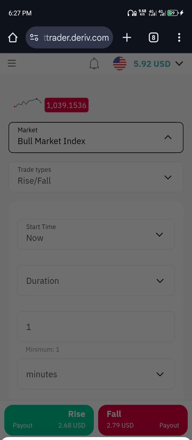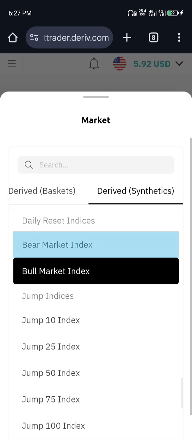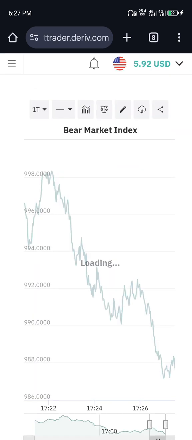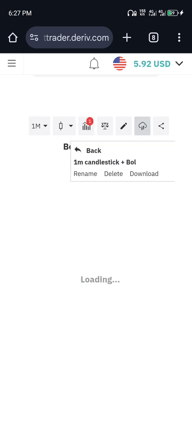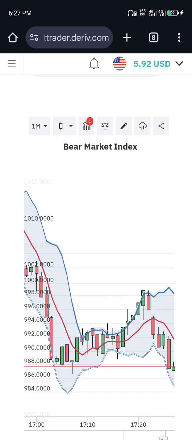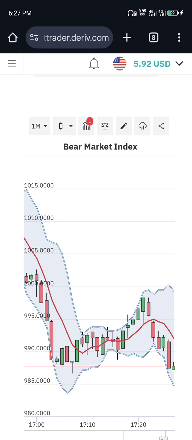So we have to be very sure of the signal that we are picking. This one seems to be going down. We load our template. The support level here seems to be influencing the movement there. If we must follow, it must go beyond the support level. And that's what we are looking at.